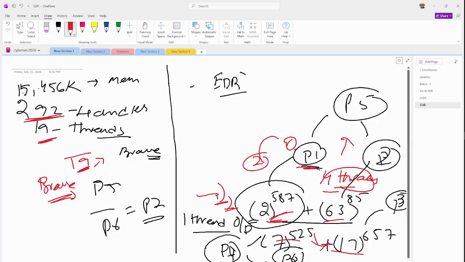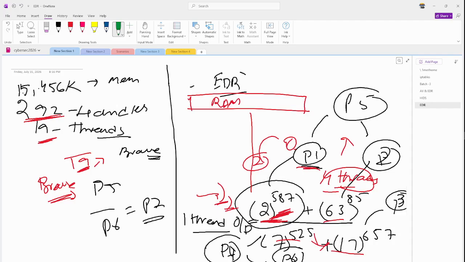Let's say I want to execute this process. I need at least this memory here, RAM. To execute this 63 by 25, I want memory here.